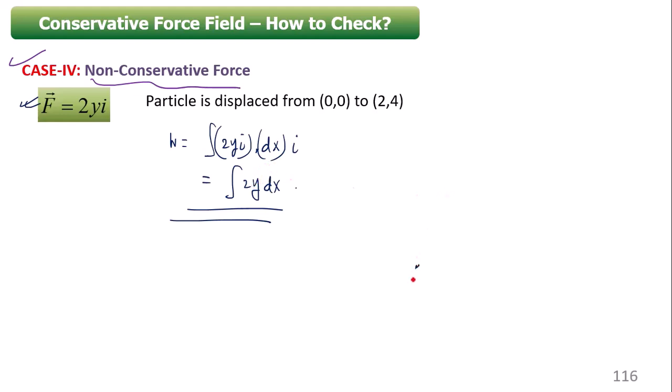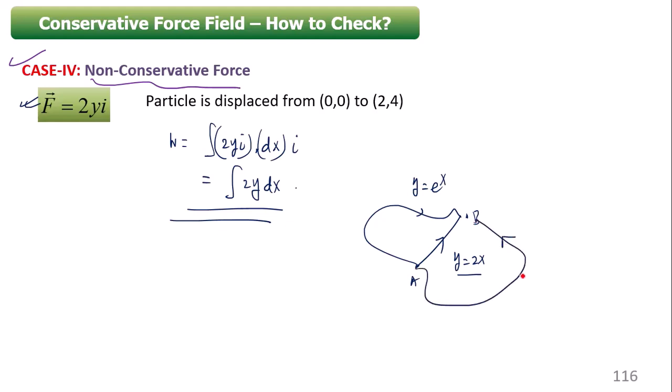I am moving the particle from A to B. In which path am I moving? If I move along the straight path, let us say y equals 2x, then I get one answer. If I move along this path, let us say y equals e to the power x, then I get another answer. Depending on the path chosen, let us say y equals x cube, then I get another answer.